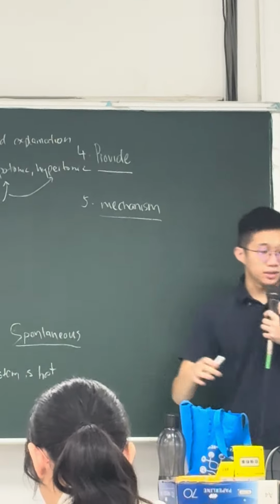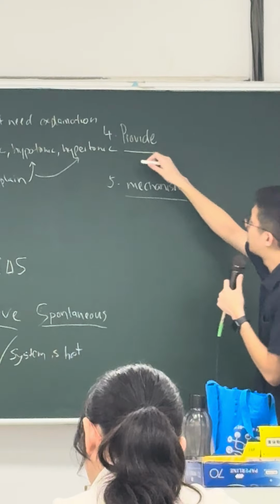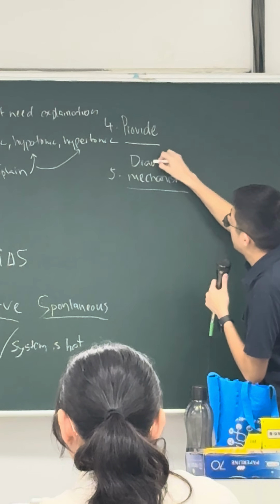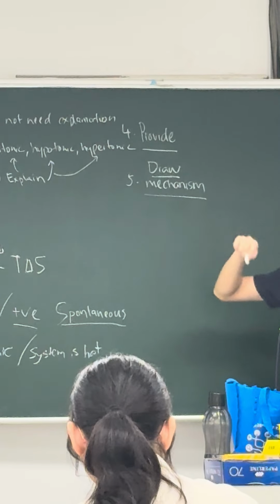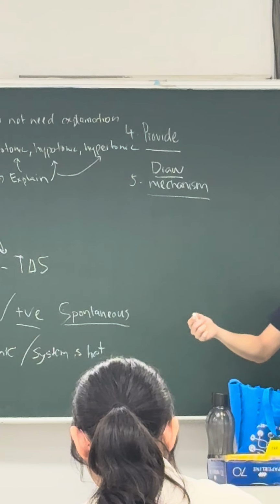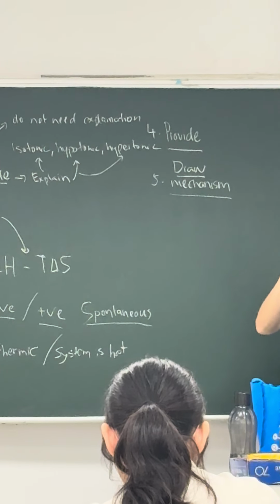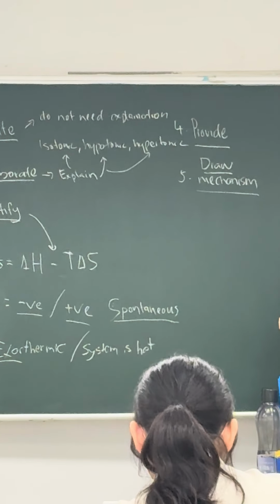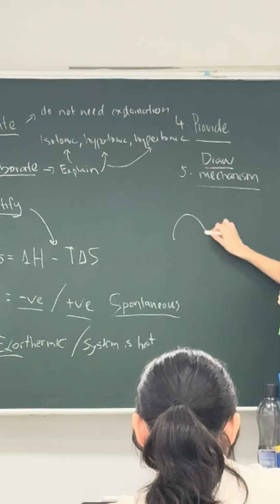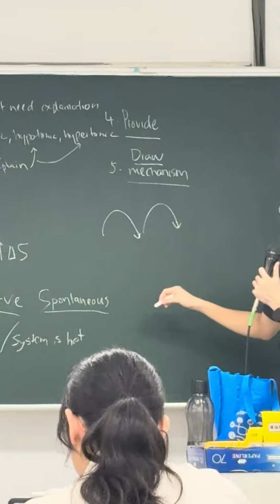If the question asks draw, it means that you need to draw the mechanism. Do you still remember the quiz we have? In the quiz, there is one question, you need to draw the amino acid. You need to draw the arrows. What happens at the arrow?